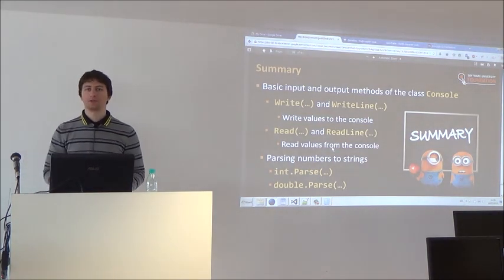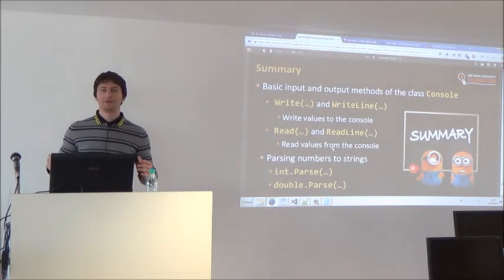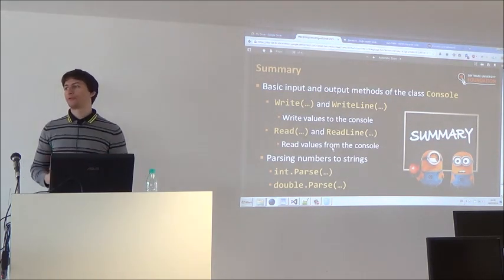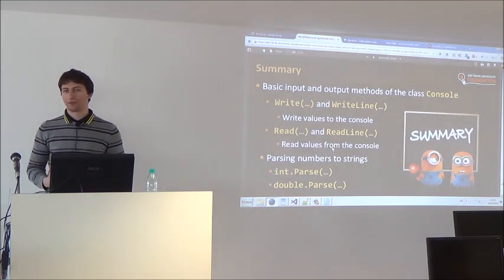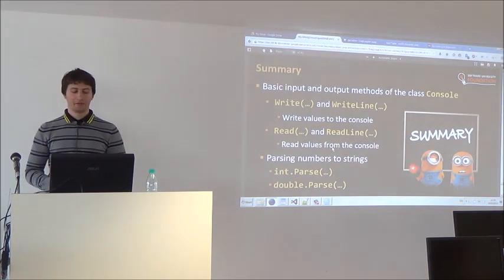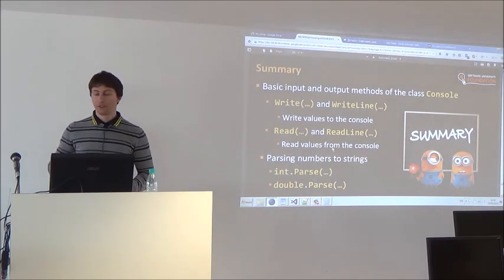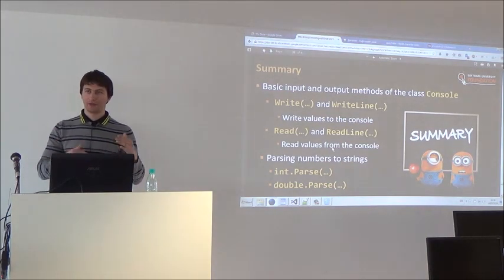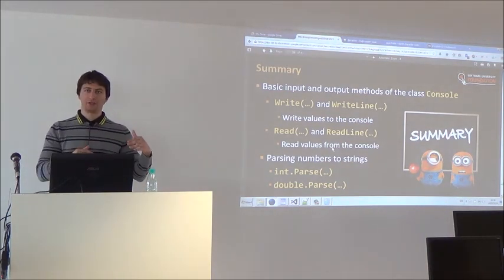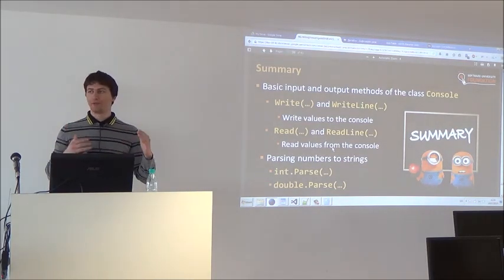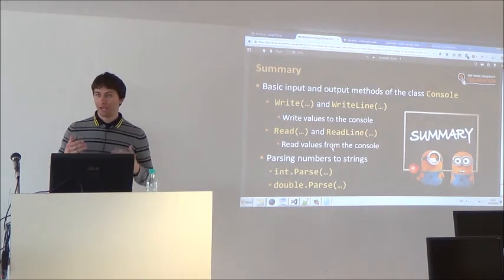We saw the second part was parsing. When you get a string of characters, it can be characters which represent numbers. Those can be digits, for example. Then you can parse it to an integer, you can parse it to a double, you can try and parse to different numeral types. You saw TryParse, which does the same exact thing as when you do it manually with try-catch, as I showed you. It's again an advanced topic, but it's equivalent behavior.